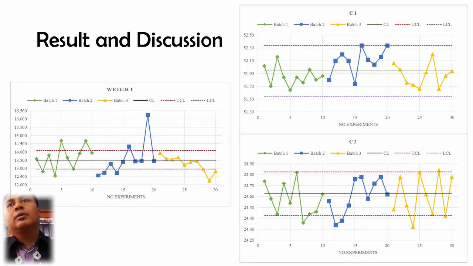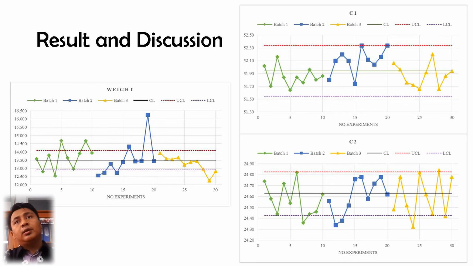This is the weight: from the batch production 10 to 12, we have 1 or 2 products out of the tolerance range, and in batch 1, from 0 to 10, there is the lower base tolerance. The product has 2 lower base tolerance and 2 products in upper base tolerance.